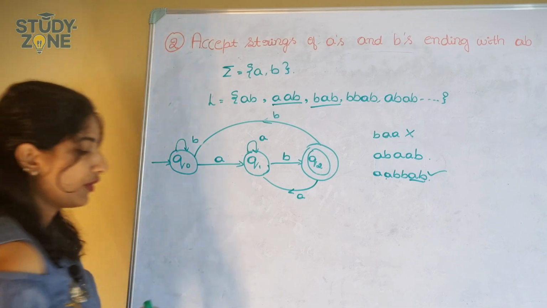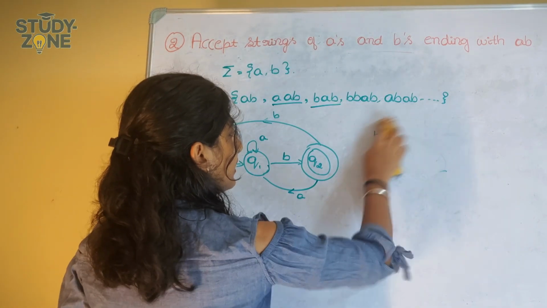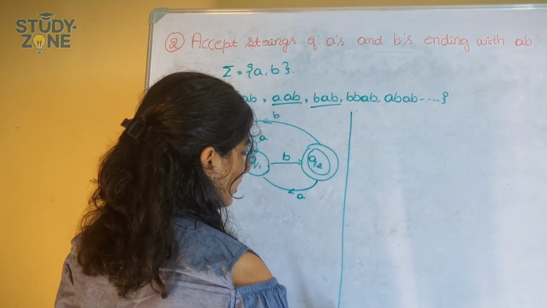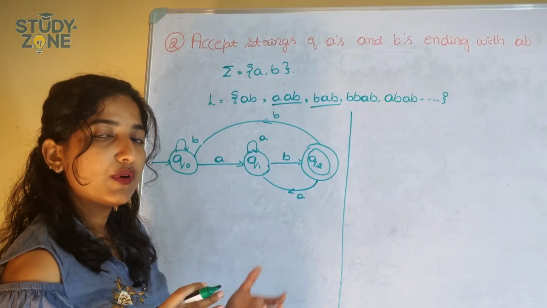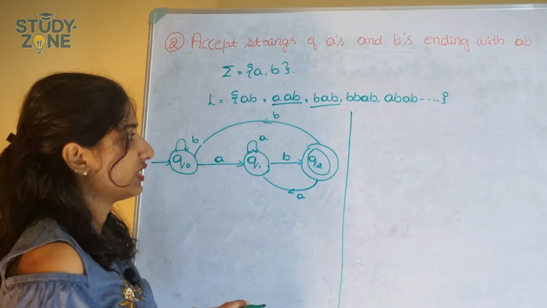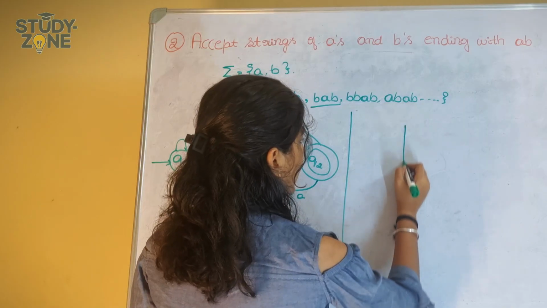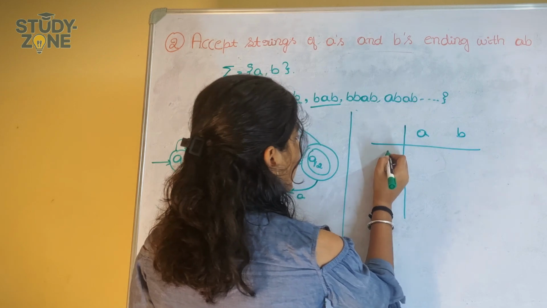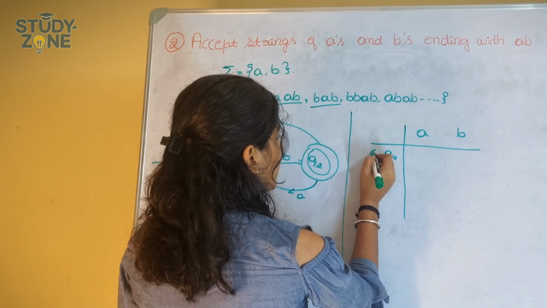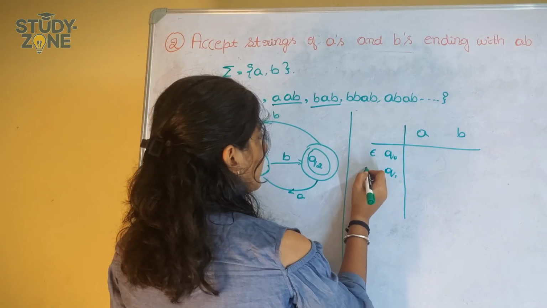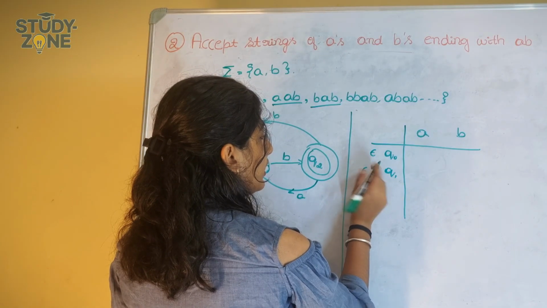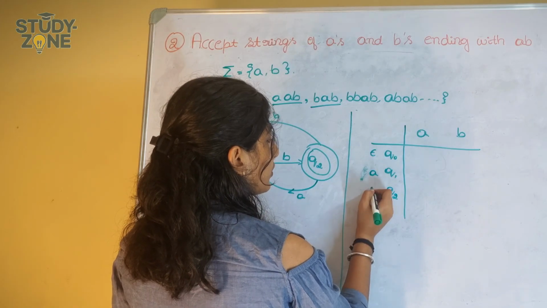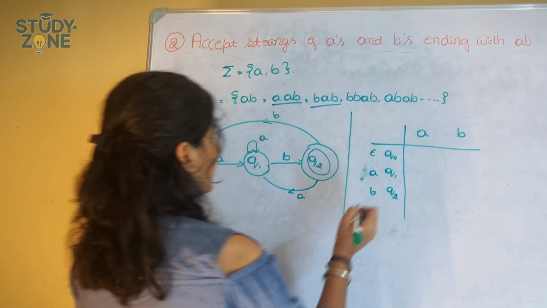And the second step, what we can do is write the transition table first, and with the help of the transition table we write the transition diagram. So what we have to do is write the symbols A, B here, and Q0, that is going to accept epsilon, Q1 that is going to accept A, and Q2 that is going to accept B. Correct?